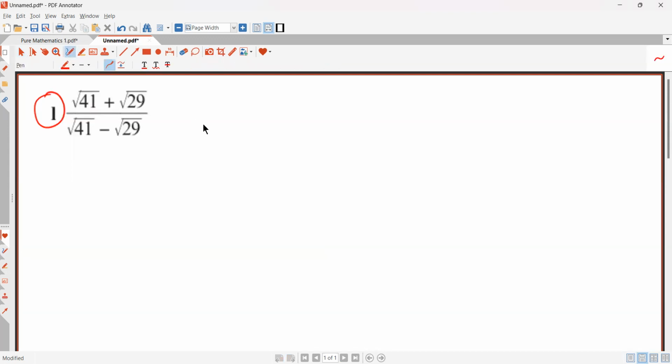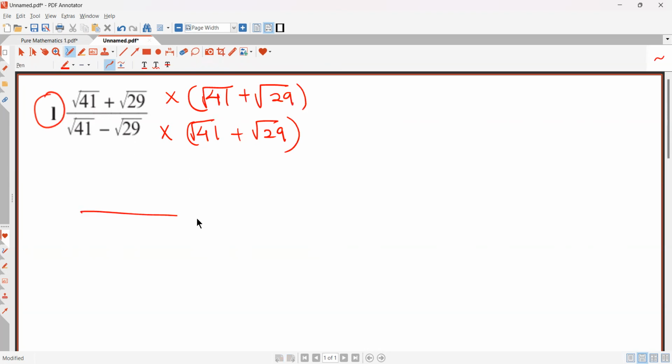Okay, so root of 41 plus root of 29. Is there any way I can simplify? No, there is none. So can I multiply the bottom with root of 41 plus root of 29, and multiply again with the bottom, root of 41 plus root of 29?